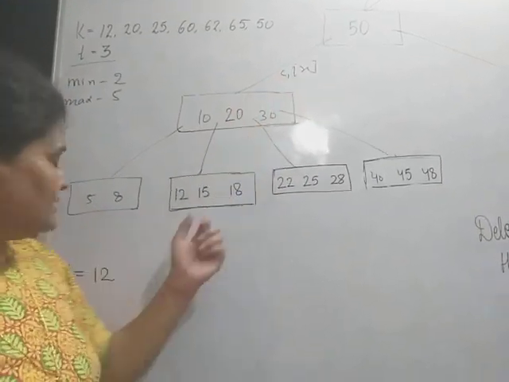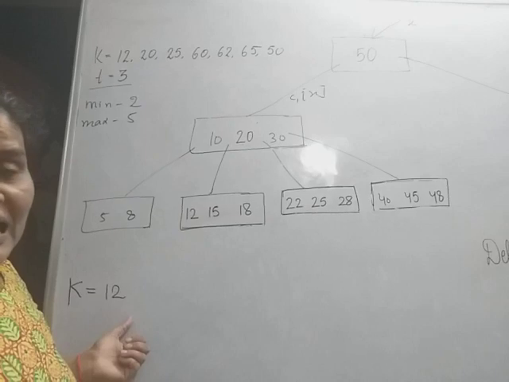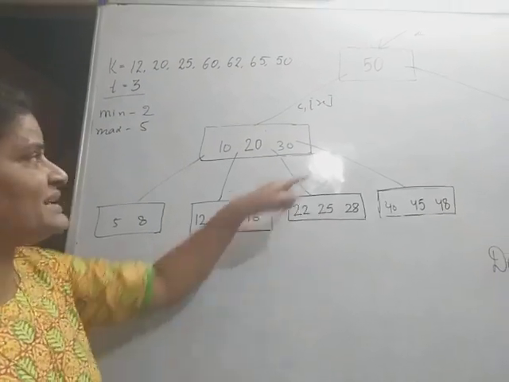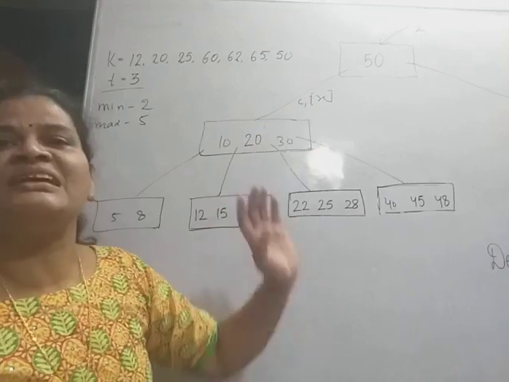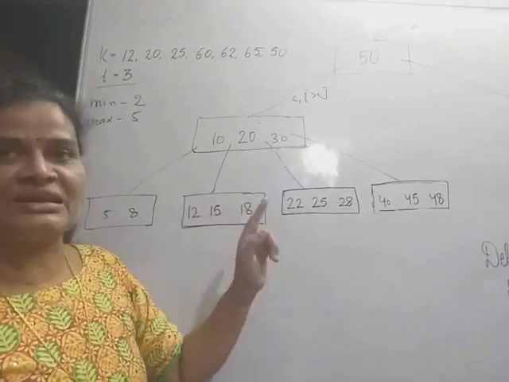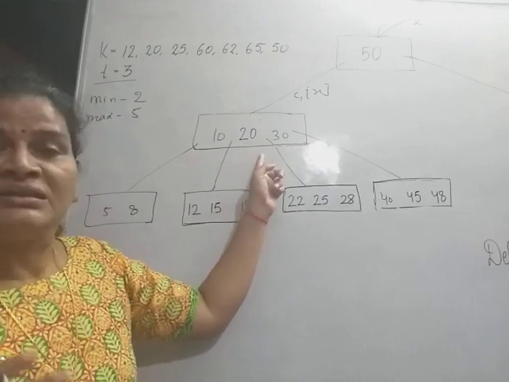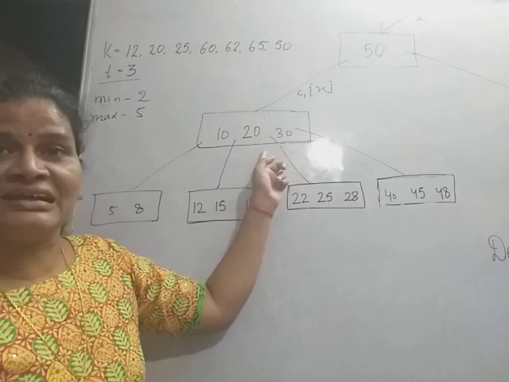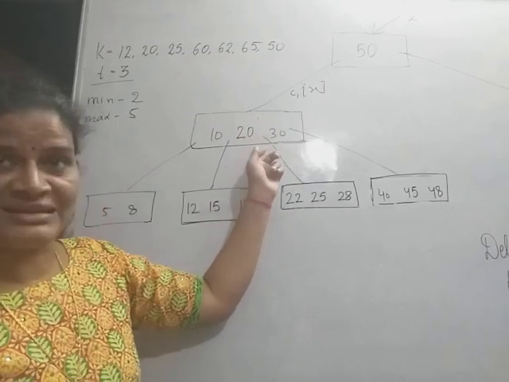If 12 is present in the tree, then it must be present in the subtree rooted at C1x. But before calling the recursion through C1x, we have to check the number of keys in C1x.